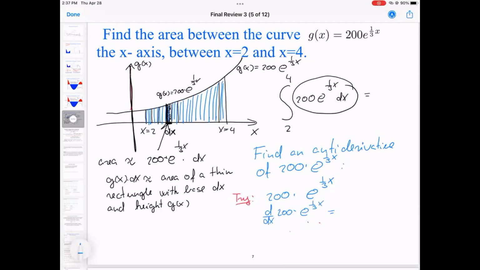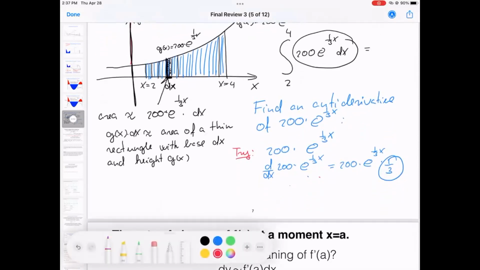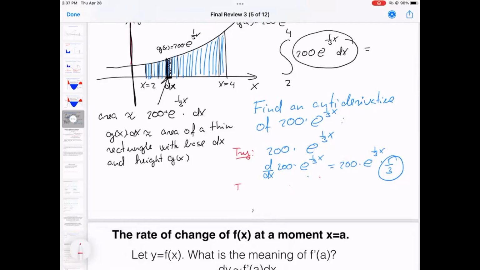You get 200 times e to the 1/3 x times 1/3. So we have this extra 1/3 here, which we don't want because I don't have the 1/3 in the integrand. So what would be my next try for the antiderivative?